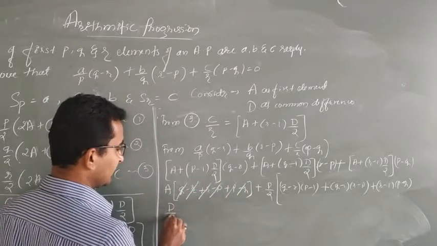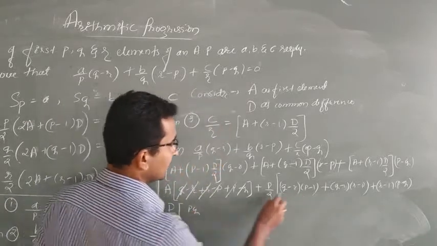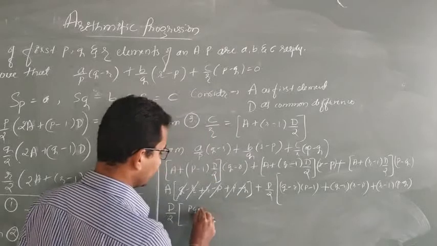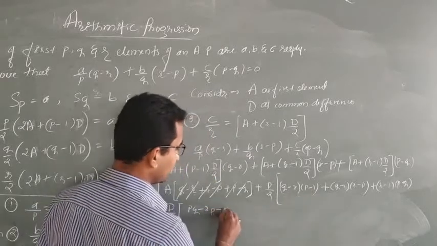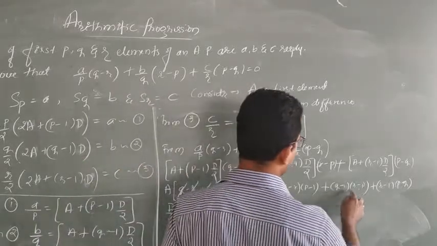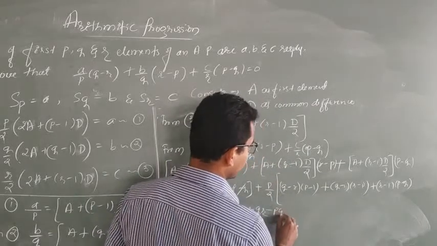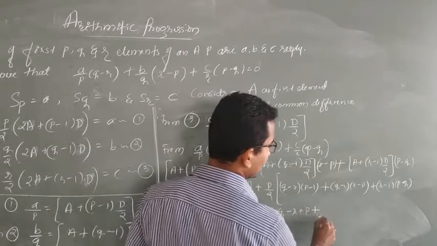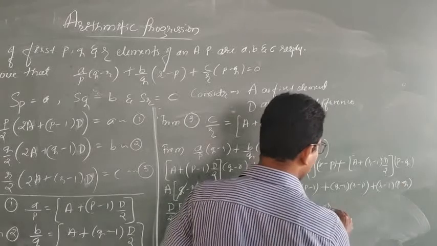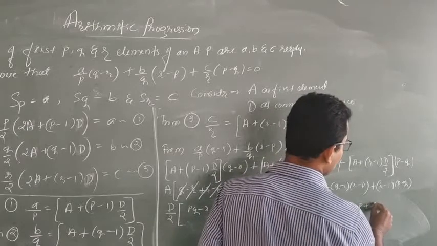Then here it is d by 2 inside the bracket, multiply this one inside: that is pq minus rp, then minus q plus r, then plus q minus 1 multiplied inside, this is qr minus pq minus r plus p, then plus r minus 1 multiplied inside the bracket, that is pr minus qr minus p plus q.